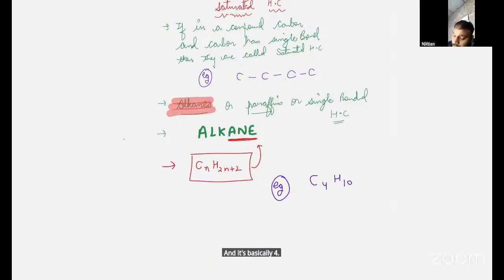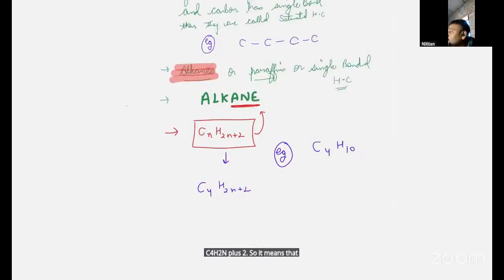So if I write in this formula C4H2n+2, it means H is 2 into 4 plus 2, which becomes C4H8+2, C4H10. It is satisfying this formula.